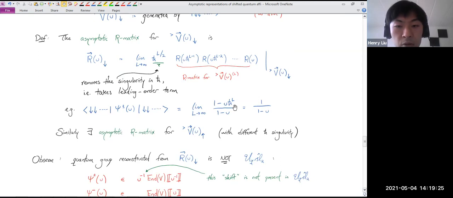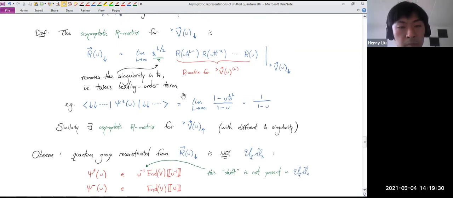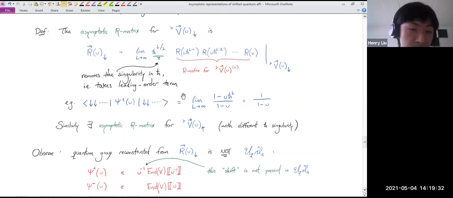So you send L to infinity, it becomes this rational function. And in a completely analogous fashion, you can get the appropriate R matrix for the other module, the up arrow. And so these leading order R matrices we'll call asymptotic R matrices. So that's how you construct the asymptotic R matrix associated to one of these asymptotic modules.